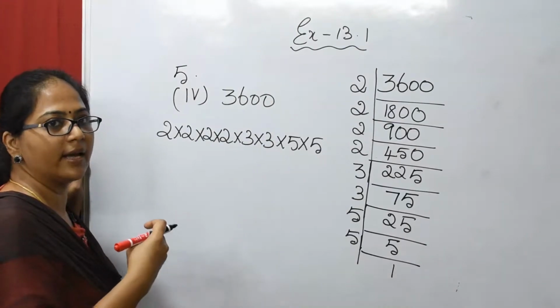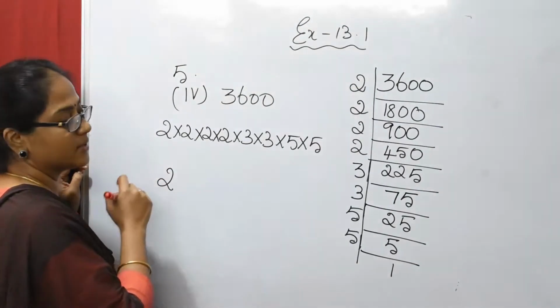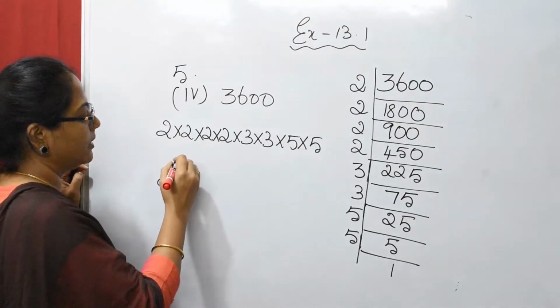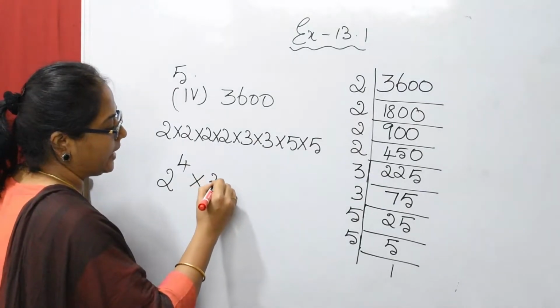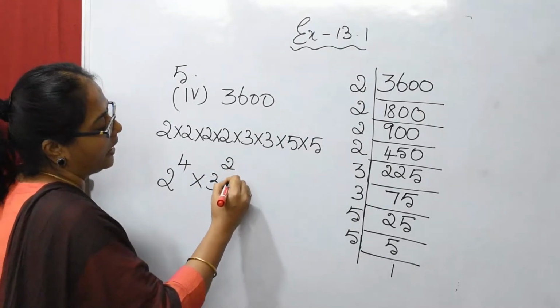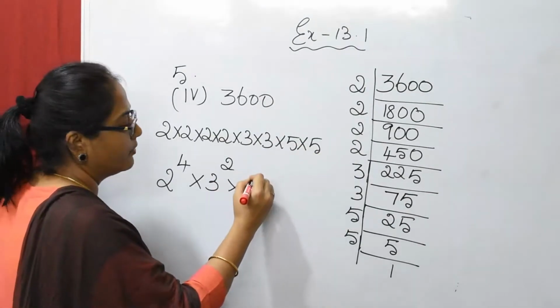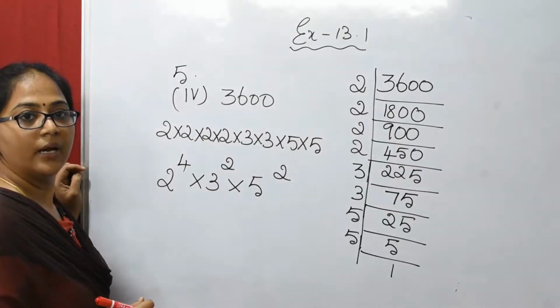Now let us write in exponential form. 2 is going to be the base first. And how many times is it repeated? 4 times. Our next base is going to be 3, repeated twice. And our next base is 5, repeated 2 times. Understood?